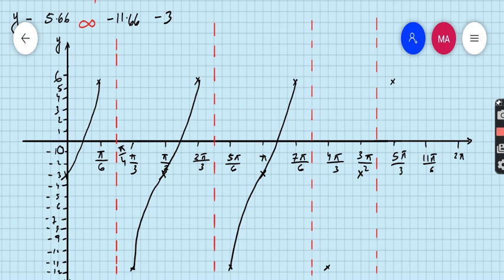So this asymptote at 7 pi by 4. And the previous asymptote occurs at 5 pi by 4. No, sorry, I drew a wrong asymptote. Sorry for this.